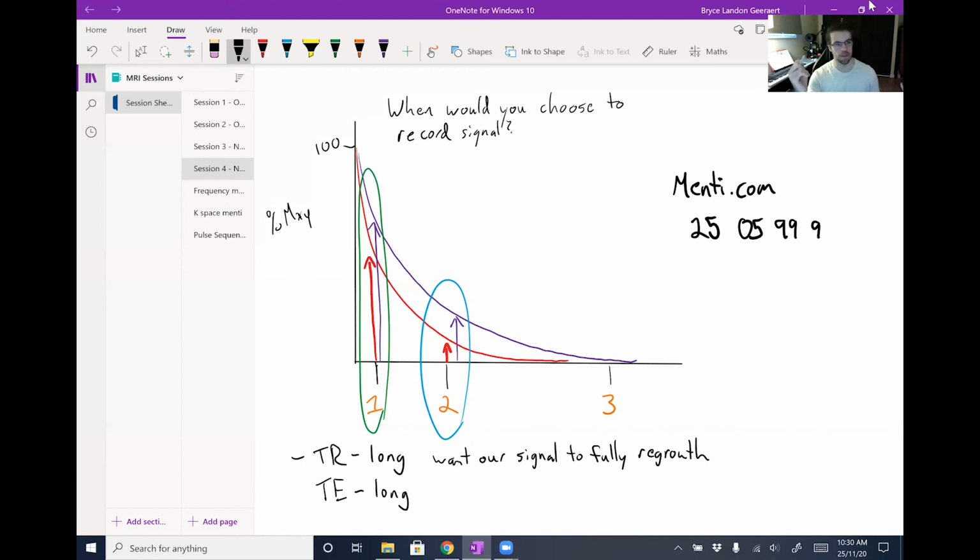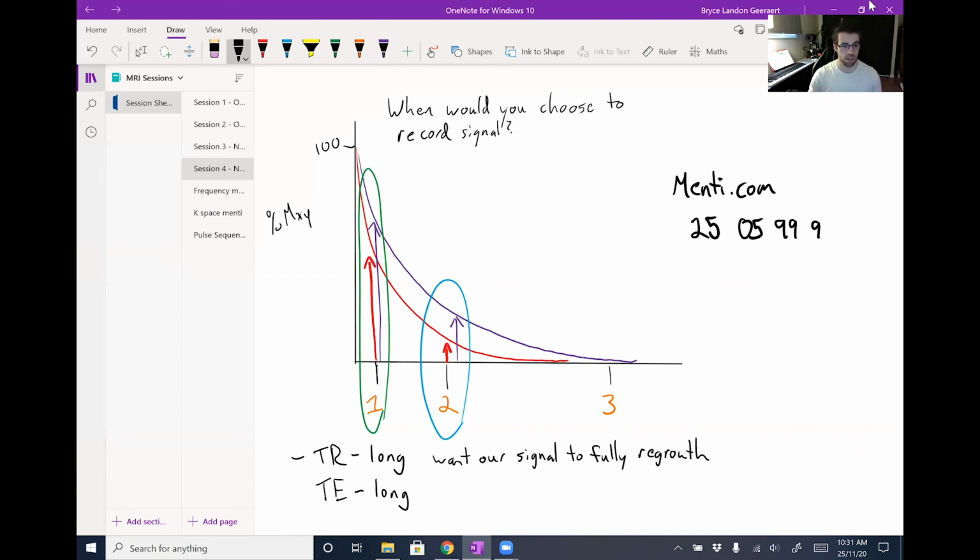Otherwise, we'll be getting something that's kind of T1 weighted, where we see dark and bright areas depending on how quickly signal recovers in an area. So we want our TR to be long so that all signals have fully recovered to their maximum, that 100% of the NMB magnitude, and then any differences we see should be because of T2 dephasing effects.